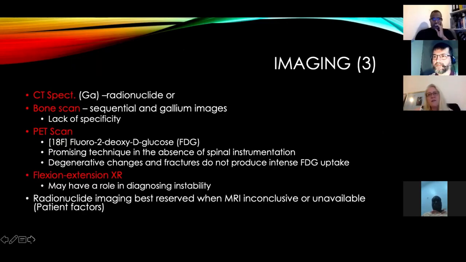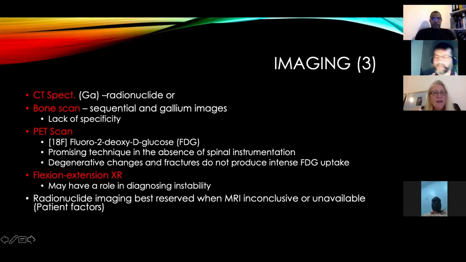So other types of imaging, which are mentioned but not very often used. So you can use a CT SPECT with gadolinium, or a bone scan with sequential and gallium images. They can be used in patients that are not able to have an MRI scan, but they're not as specific as an MRI scan.